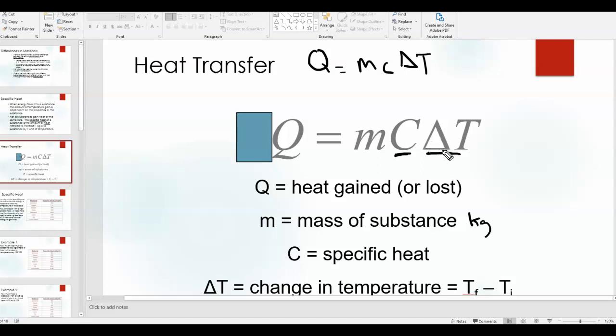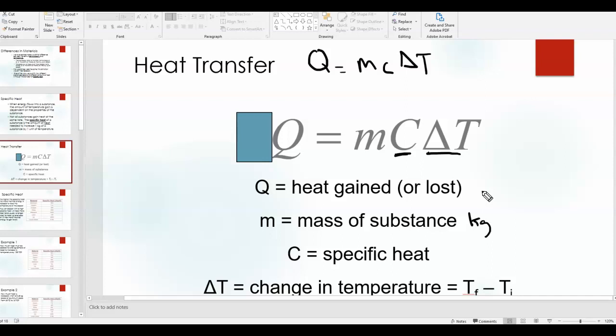Anytime you have a delta, that's always a change in that quantity. For example, when we did change in momentum, we did final momentum minus initial momentum. Anytime you have a change in something, you take the final value and subtract the initial value. So when we write delta T like this, that means change in temperature, the final temperature minus the initial temperature.